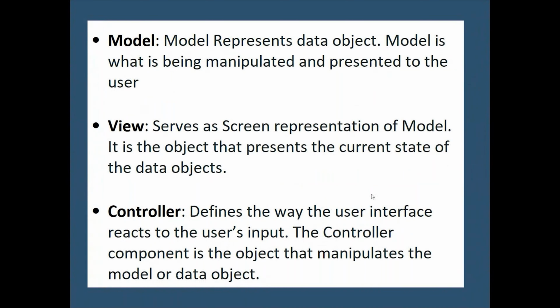So model represents the data objects. Like I said, there are multiple components involved within this, like view objects, application module, entity objects. And in the view part, generally pages are involved, because it is a page we develop in order to build the look and feel. And controller is one of the components in the BC4J. BC4J stands for Business Components for Java.